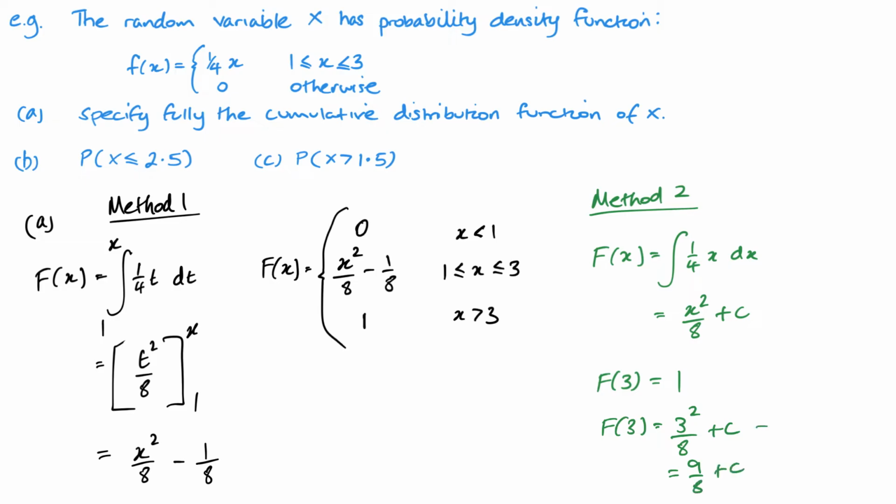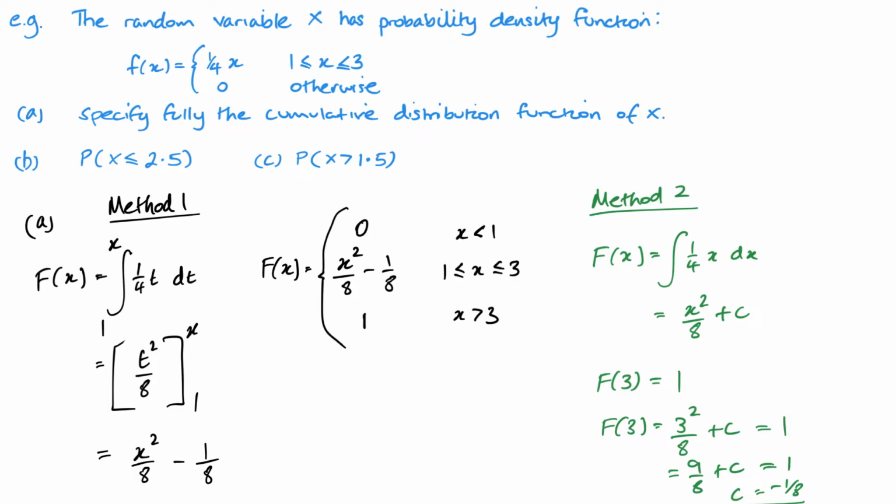And of course we said that this was equal to 1, didn't we? So now you can see that c is minus 1/8, which is exactly what we got here. So you can see I'll end up with exactly the same answer, slightly different working out, probably a similar amount of time taken to do it.